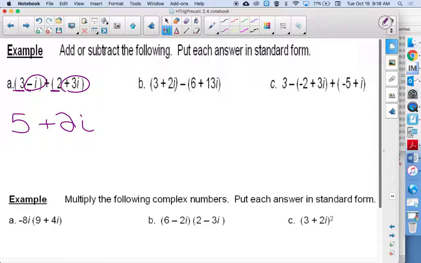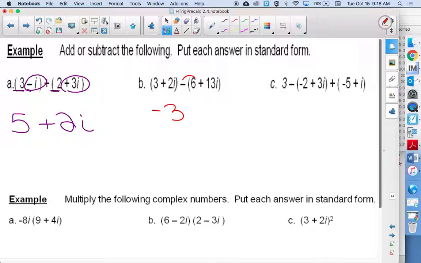Letter B, 3 plus 2i minus the quantity 6 plus 13i. So Hannah, what would you have to do there? I subtracted 6 from 3. So taking that minus sign, 3 minus 6 is negative 3.